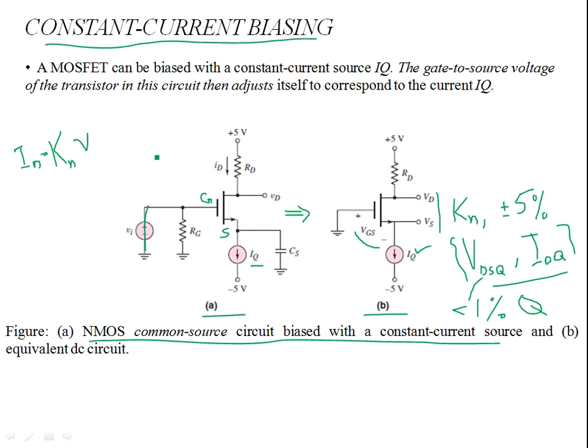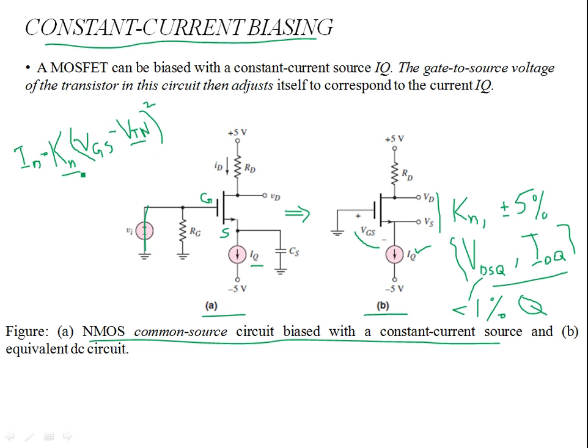So in saturation, the drain current is given by Kn times VGS minus VTN squared. The idea is that in the saturation region, your drain current is independent of VDS. VTN is a constant, which might vary with temperature.